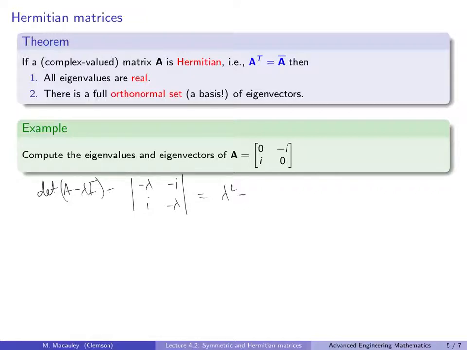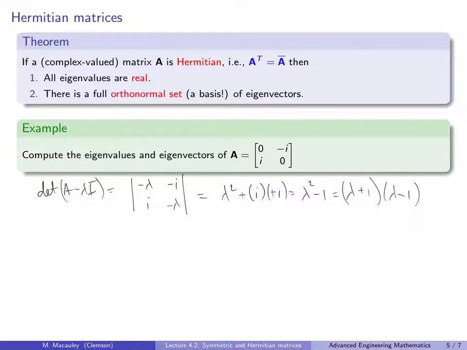Let's be careful, there are so many negative ones floating around here. So what is that? That becomes plus, and so that is lambda squared minus 1, which is lambda plus 1 times lambda minus 1. So yes, the eigenvalues here are real.